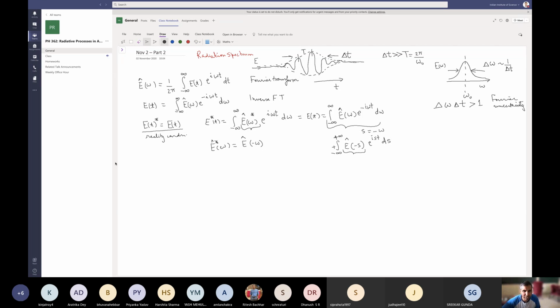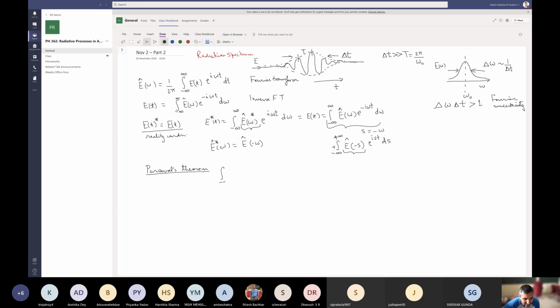Okay, so there is also something called Parseval's theorem, which basically expresses the fact that the energy in the signal, whether measured in real space or in Fourier space, is the same.